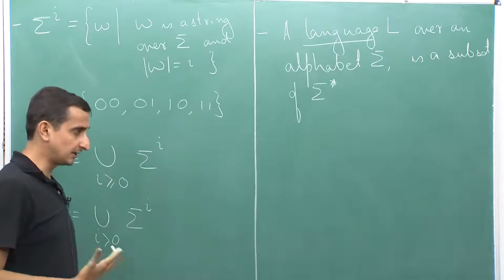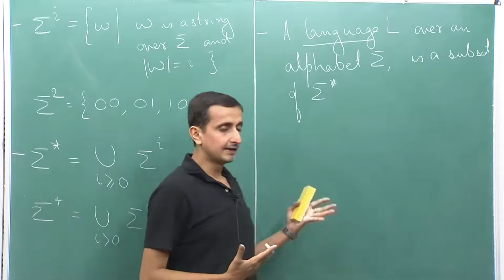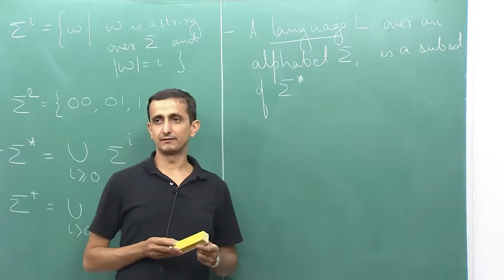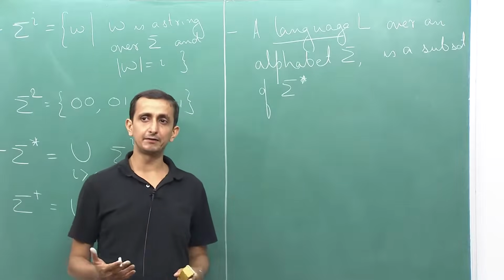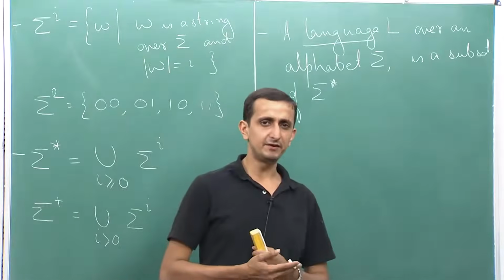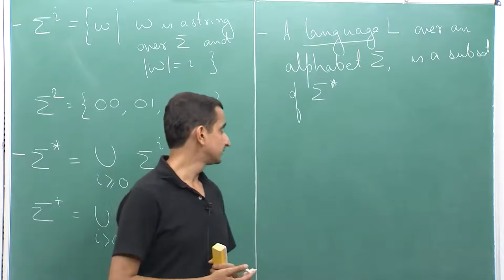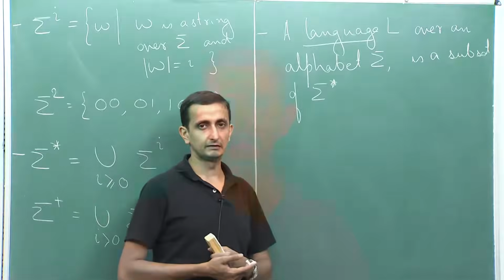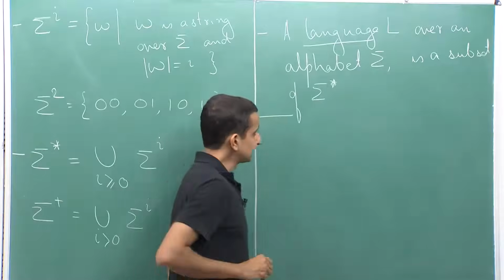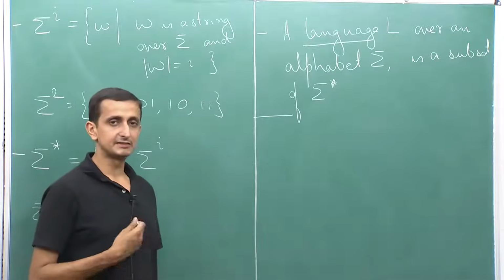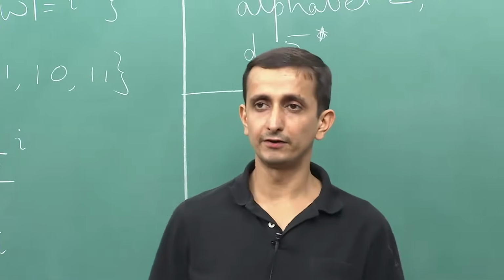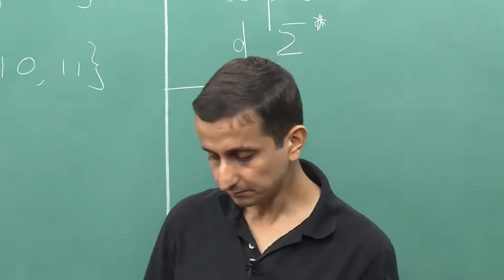Okay. So, language is basically any collection of strings from sigma star. Okay. So, in particular note that it can be the entire set sigma star as well, or it can be the empty set, or it can be any other set in between the empty set and the complete set sigma star. Okay. So, these are some of the basic notations that we will be constantly using and will be referring to for the rest of this course.